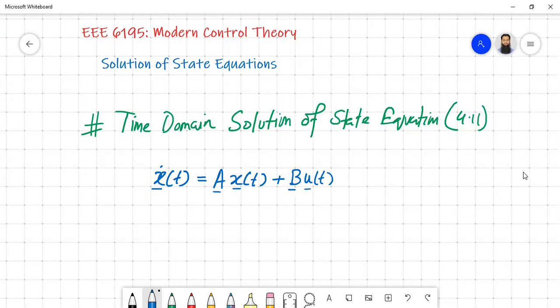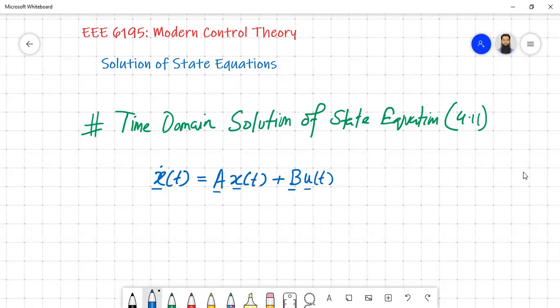So A and B are matrices, and x dot is in general a vector, a state vector, the derivative of the state vector, but it can also have multiple rows and columns depending on your state arrangement.